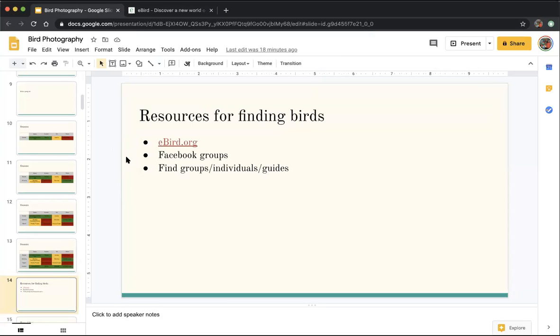A few years ago, at one of the birding festivals I sometimes visit, the Cornell Ornithology Lab folks were there. They are the folks behind another very nice app called Merlin, M-E-R-L-I-N, which is another free app you can use on your phone. It's a great app for identifying and exploring birds.